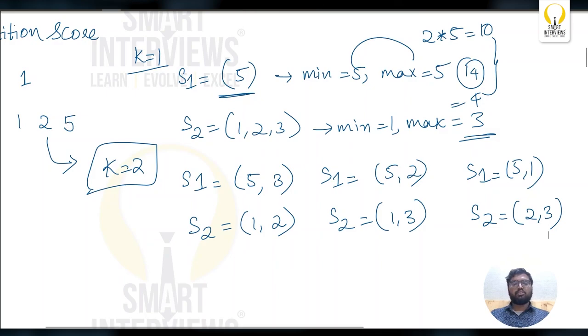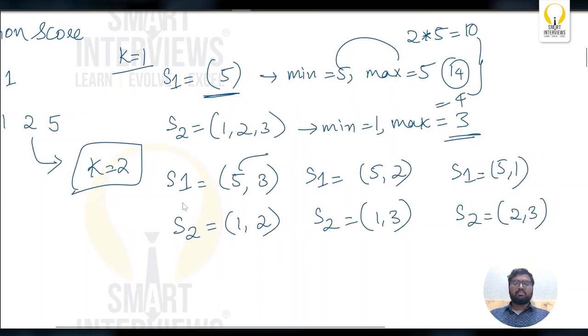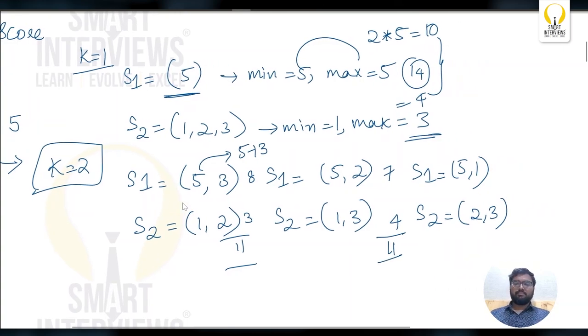We'll try to get the maximum possible score here. In the first case, your answer is 5 as the maximum and 3 as the minimum, so it will be 8, and in the other set it will be 3, so in total it will be 11. Here it is 7 plus 4, which is also 11.